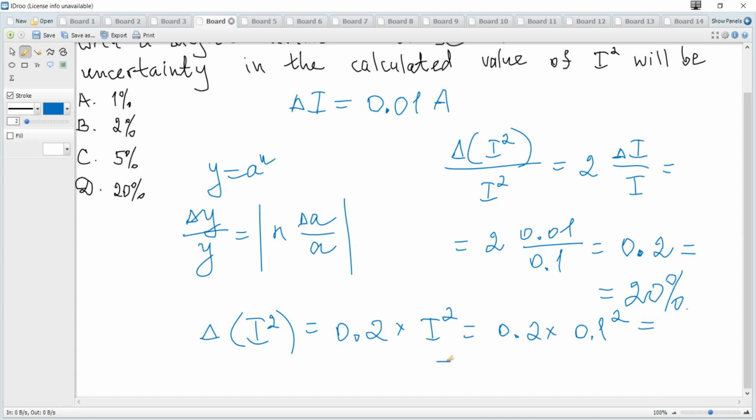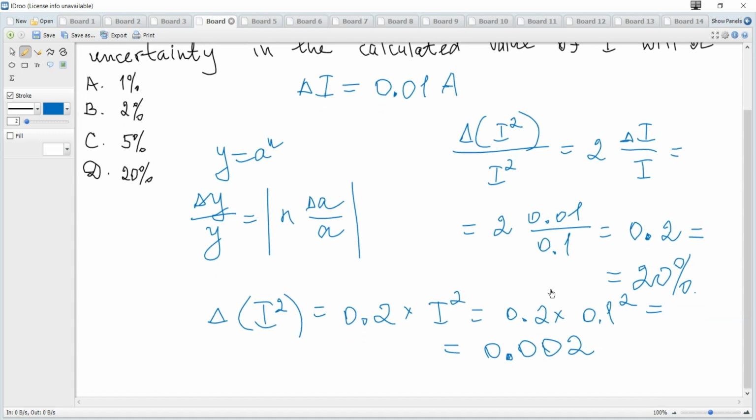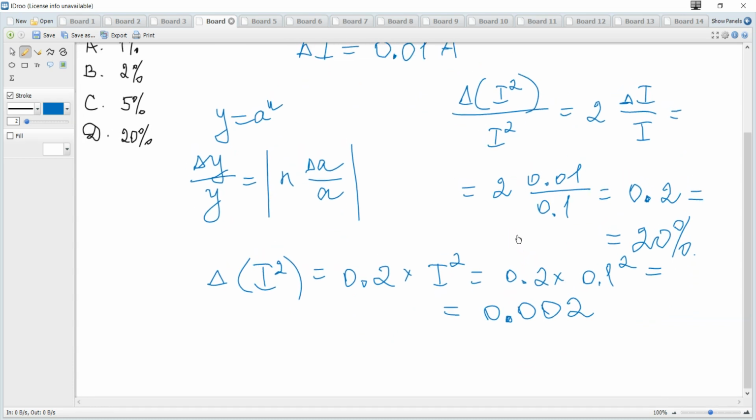It becomes 0.2 multiplied by 0.01, which is 0.002.